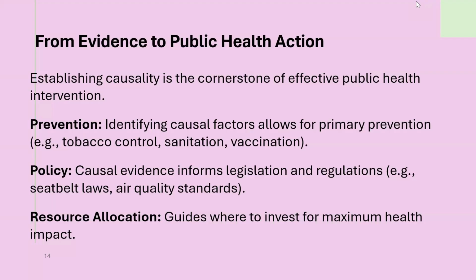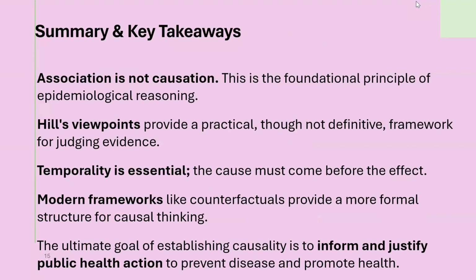A third way we can do this is resource allocation. When we're able to establish causality between exposure and outcome, then it can guide where to invest for maximum health impact.